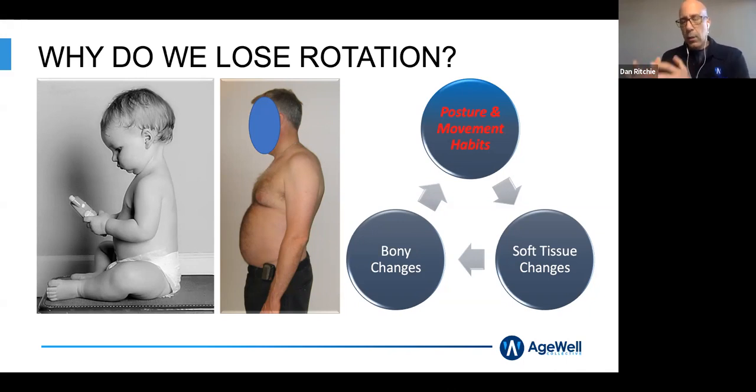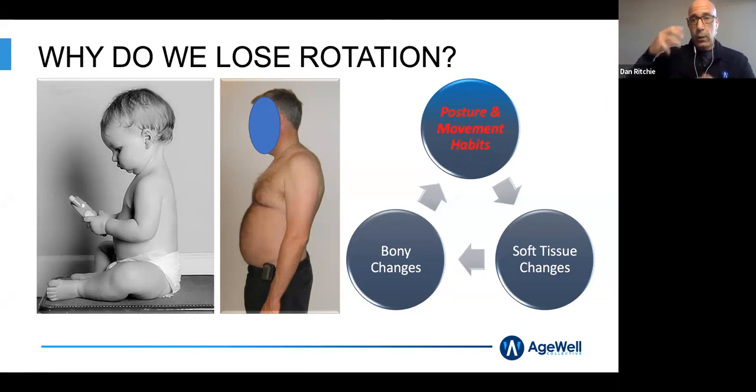Ultimately, the more suboptimal habits that one has, that leads to the bony changes. And this is the degenerative joint process that we've discussed in previous webinars of how and why we develop so many issues as we get older. It's not genetics generally. It's the posture and movement habits that we've all created.